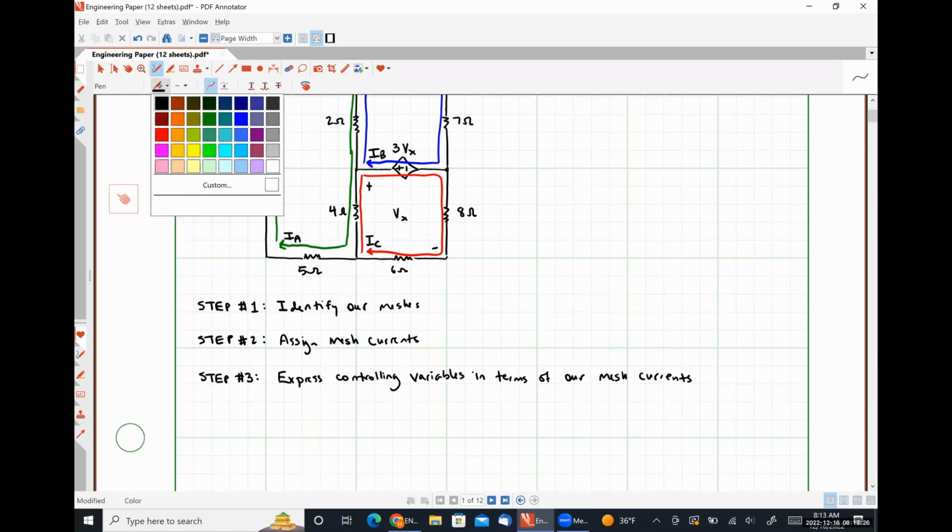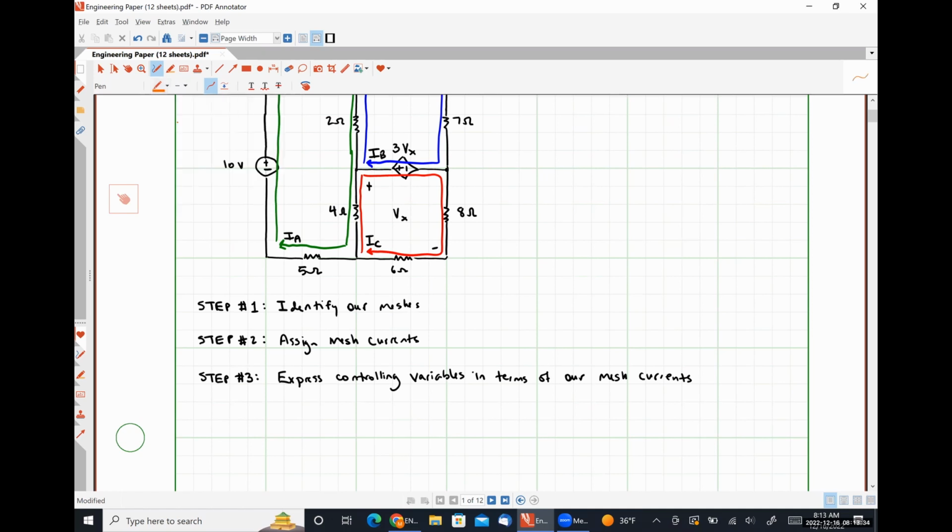So what I'm about to depict here in this orange color is one possible way. I would argue it's the best way for this particular situation for us to determine what the voltage Vx is in terms of our mesh currents.